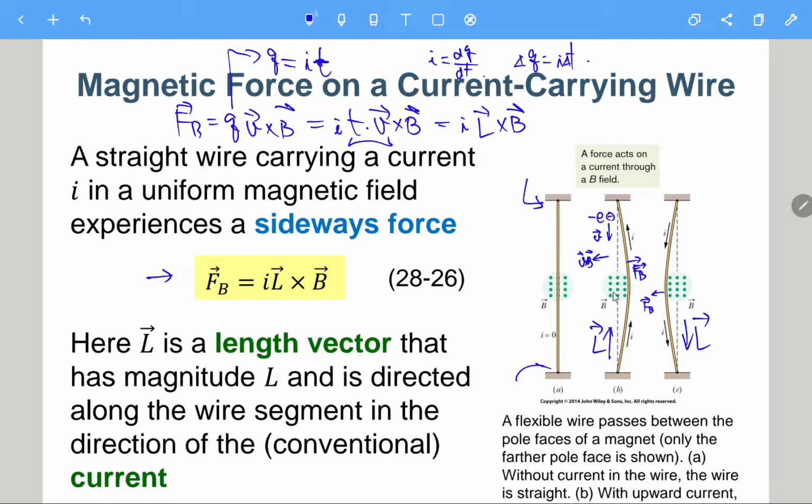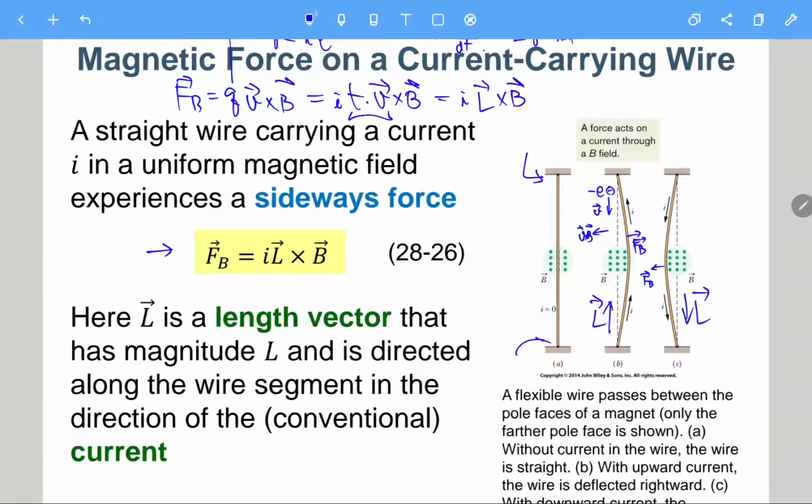So L cross B points to the right side. So this is actually another version of the Lorentz force.